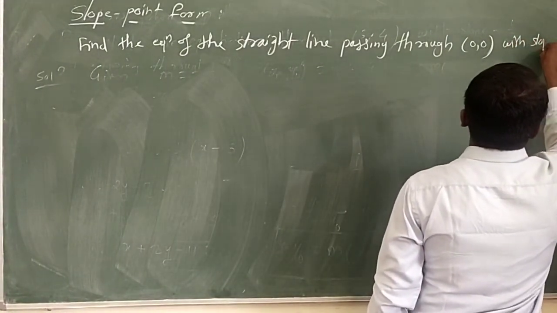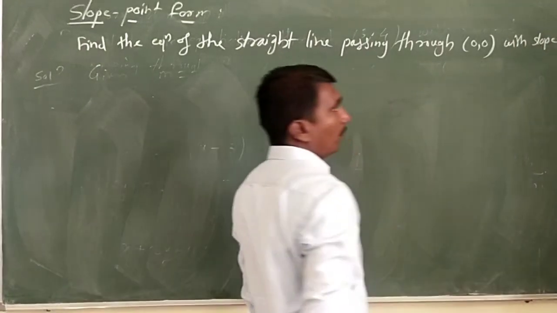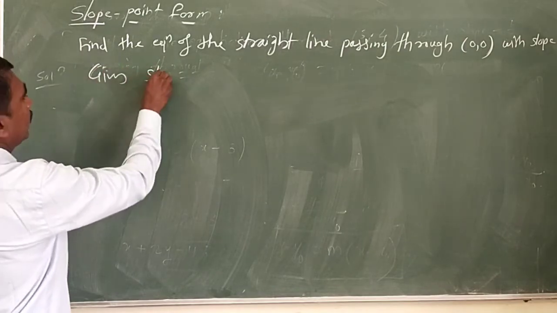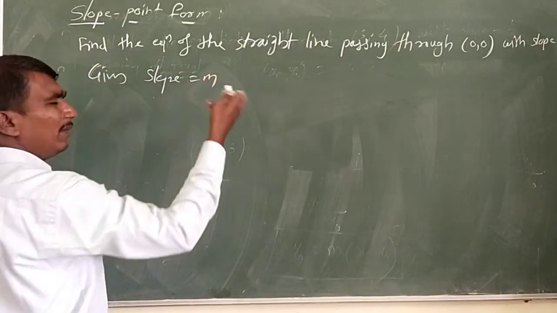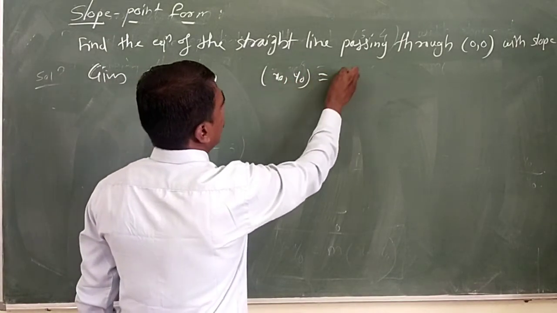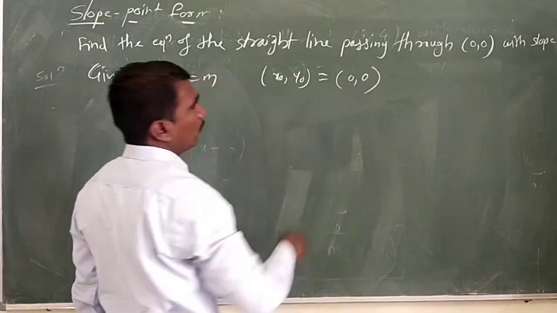So here solution: given slope is m, and x0, y0 is the origin, which means the given line passes through the origin.